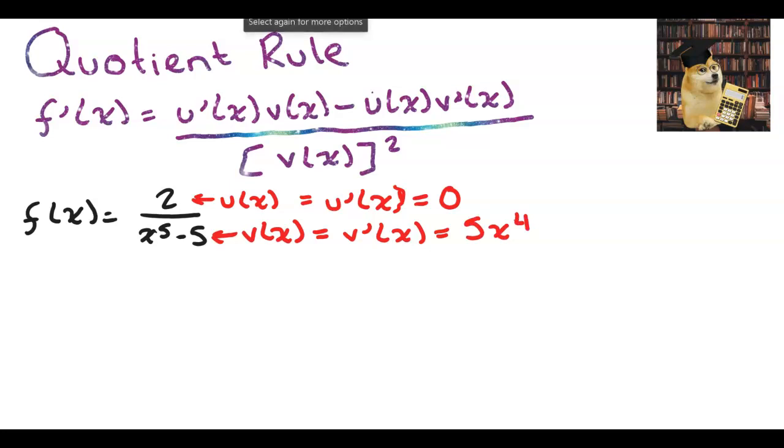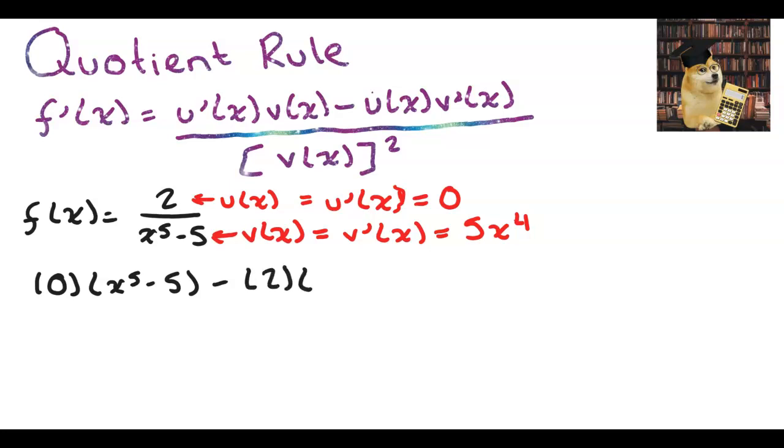So now let's get on with the solution of our problem. How do we do it? Easy again, my guys. We already have u prime of x, which is 0, multiplied by our v of x, so 0 multiplied by x to the 5th minus 5, and the subtraction comes over here, so our numerator will be negative, our 2 multiplied in this case by our 5x to the 4th.